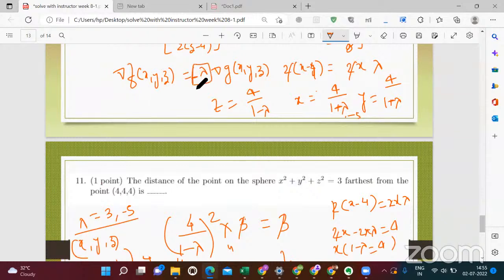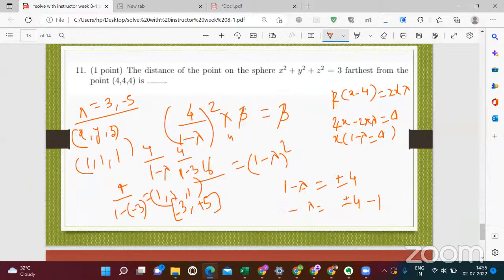If I'm taking minus lambda here, I'm getting 3 or minus 5, so you will get something like minus 5 or 5. Then you have to take minus lambda everywhere now, so the value will adjust itself.